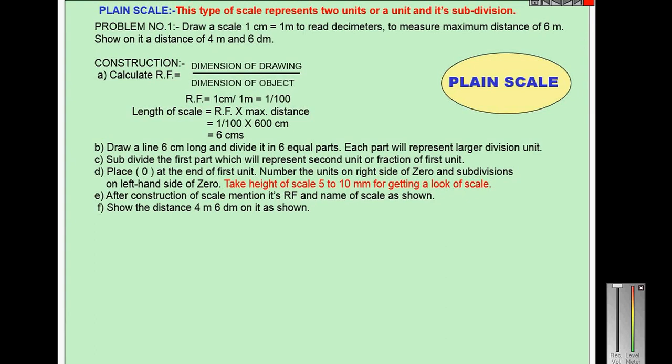RF is representative factor. The equation is dimension of the drawing divided by the dimension of the object. So dimension of the drawing is given as 1 centimeter, and the dimension of the object is 1 meter. So 1 centimeter divided by 1 meter, which is equal to 1 by 100.